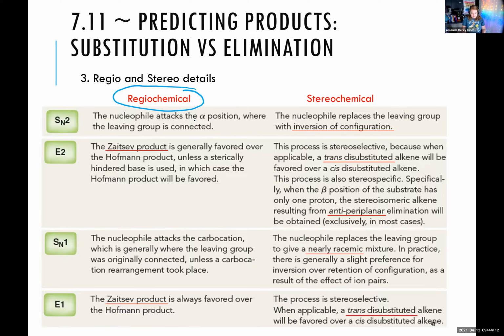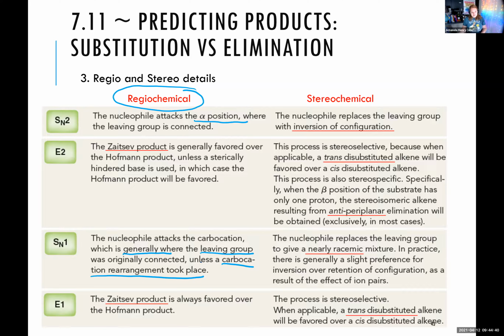The nucleophile is going to bond to the alpha position. For an Sn1, if the carbocation can go through a rearrangement, then our major product will be from the carbocation rearrangement. So it will generally bond where the leaving group was attached, unless a carbocation rearrangement takes place.